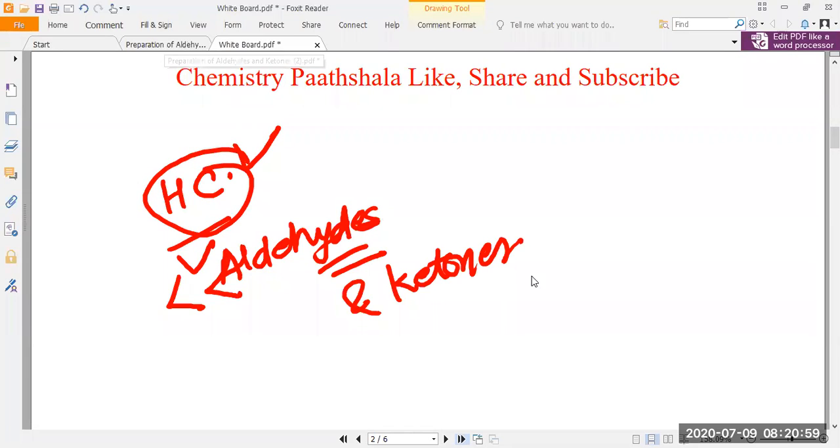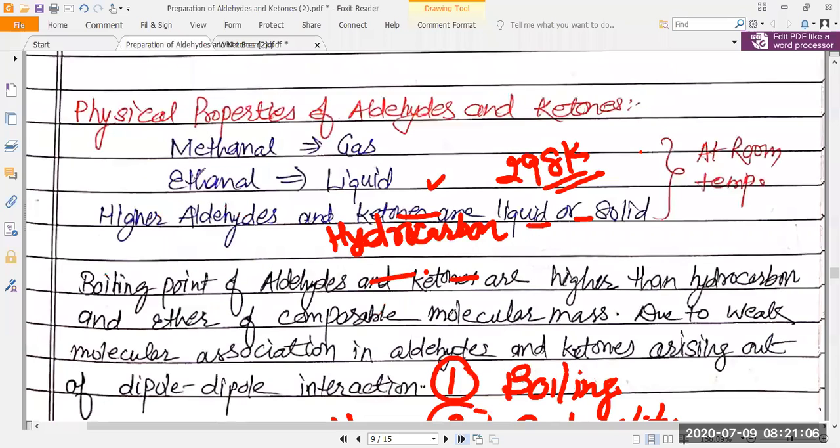So why do aldehydes and ketones have higher boiling point as compared to hydrocarbons of the same molecular mass? Due to weak dipole interactions present in aldehyde and ketone.